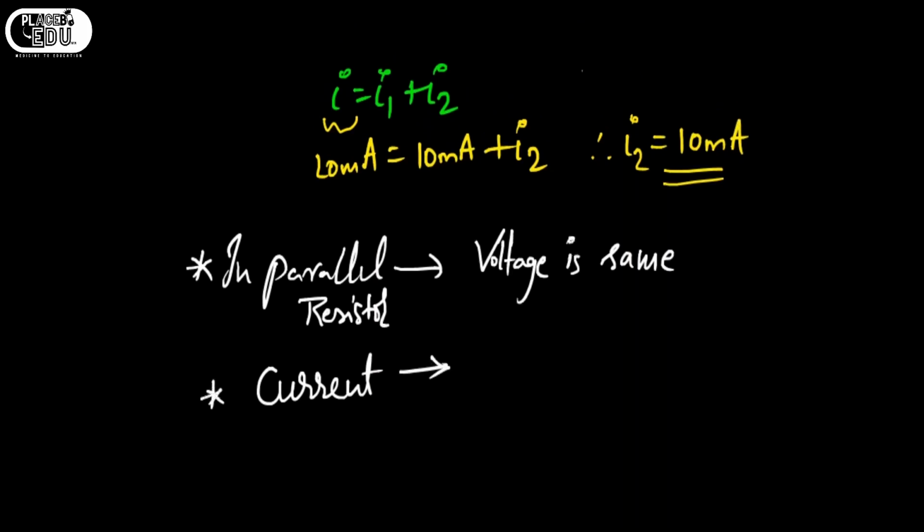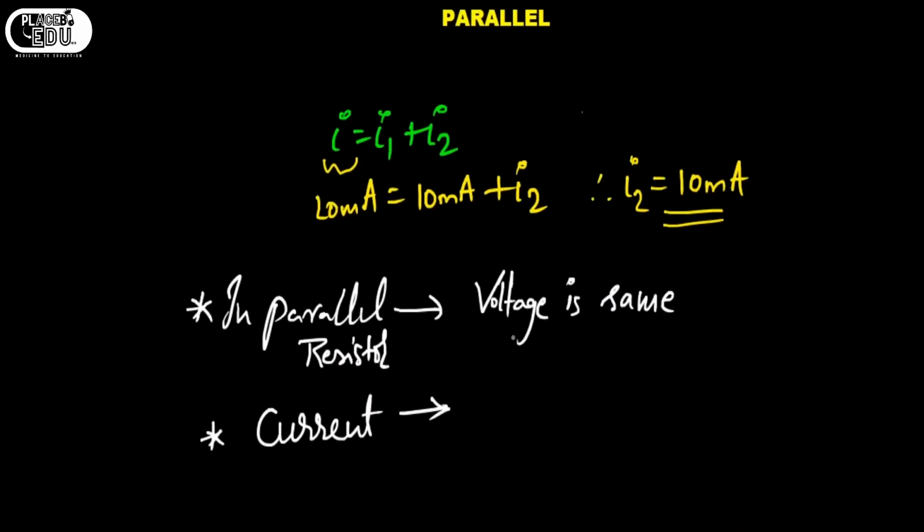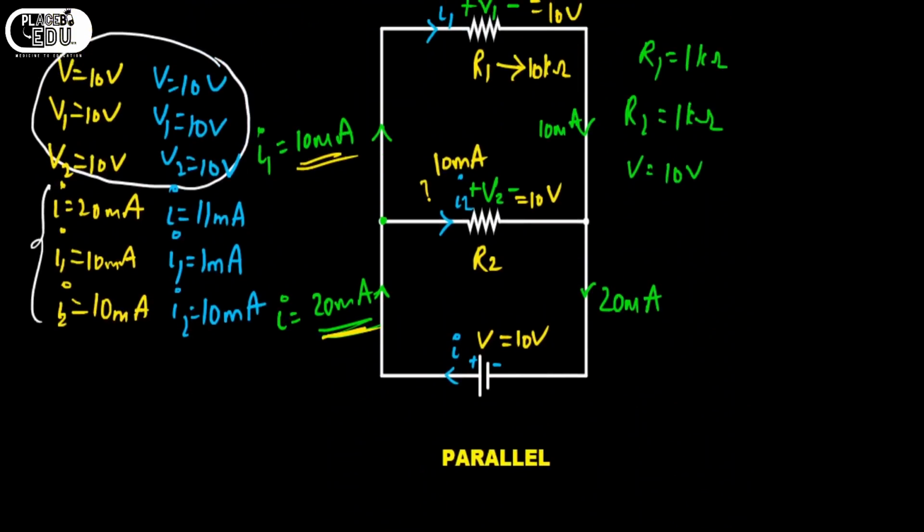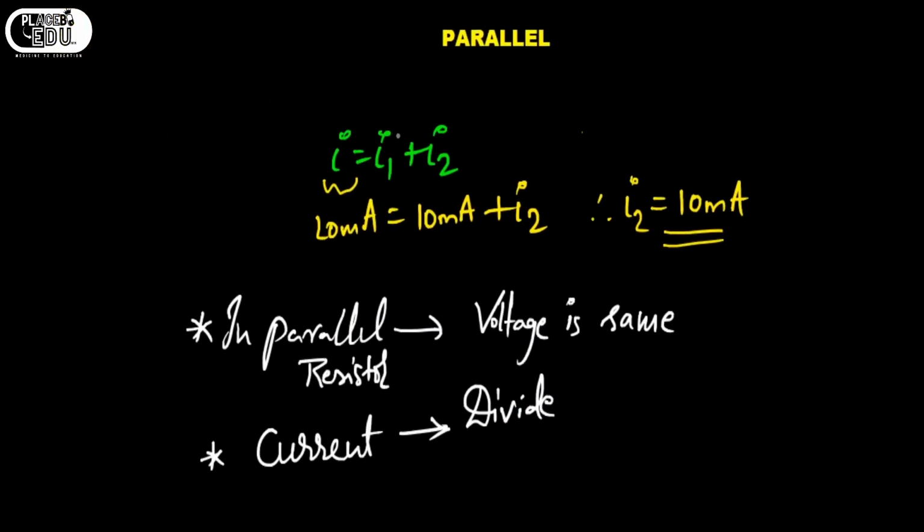How the current is dividing? On what basis the current is dividing? Now I will explain you. Okay, so see here, this is I, this is I1, and this is I2. We have already derived the relation between I1 and I2. This is the relation.